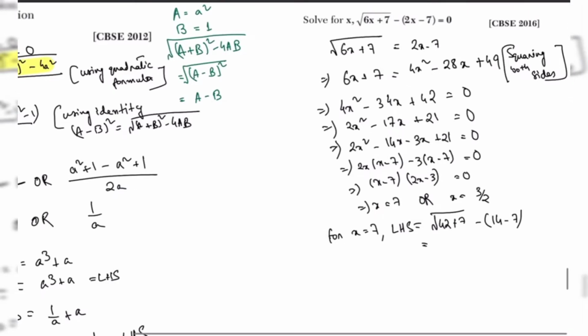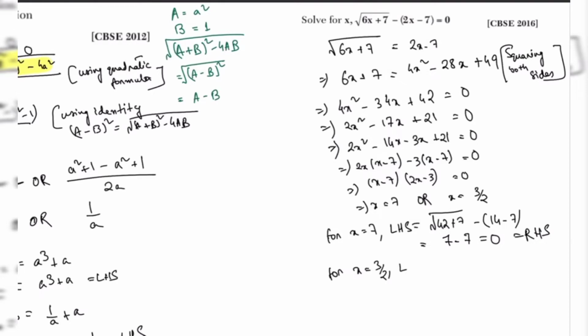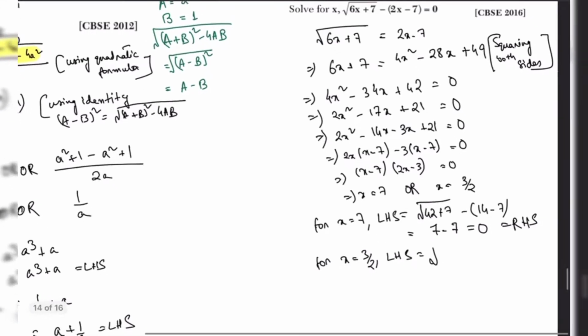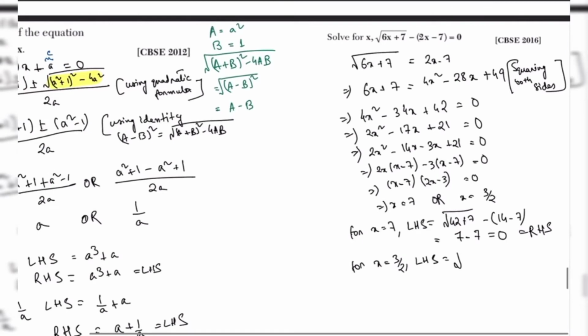So 42 plus 7 is 49, root 49 is 7, 7 minus 7 equals 0, which is equal to RHS. Okay, so this is going to satisfy the equation. So for x equals 3 by 2, LHS is root over 6 times 3 by 2, that is 9, plus 7 minus 3 minus 7.